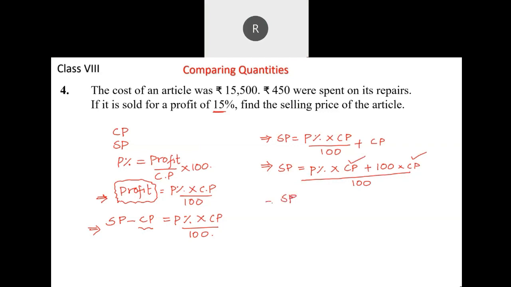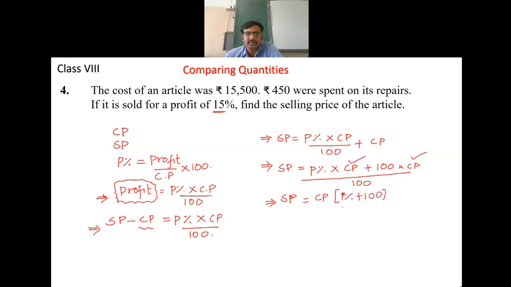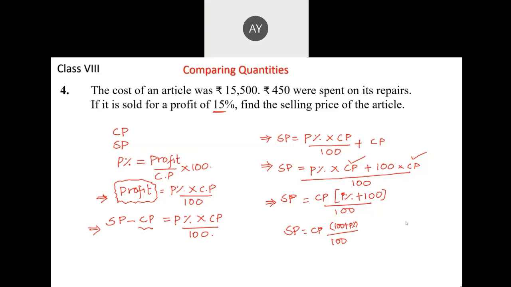We get SP is equal to CP times profit percent plus 100, divided by 100. We have the same formula here: SP is CP into 100 plus profit percent divided by 100. Isn't it easy?